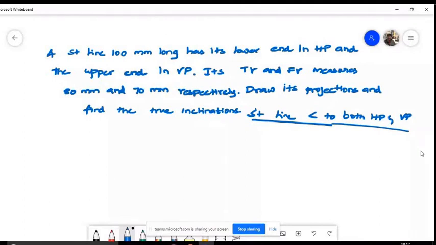So the positions of the ends, that is 2, and the front view length, top view length, and true length. 5 data is there, so we can solve. You need a complete principle of the rotating line method. If you want to refer to that video, you may understand.